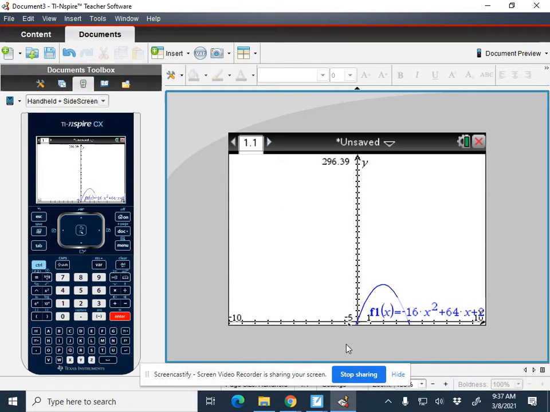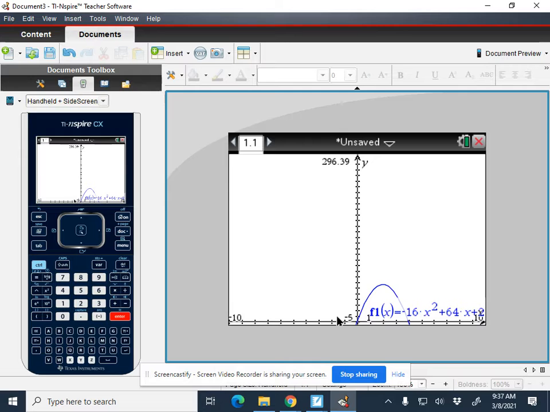And it's going to change your graph quite a bit. Okay, try it again.